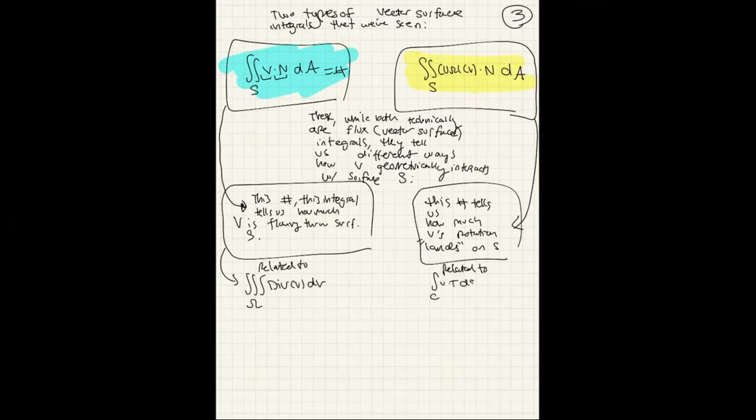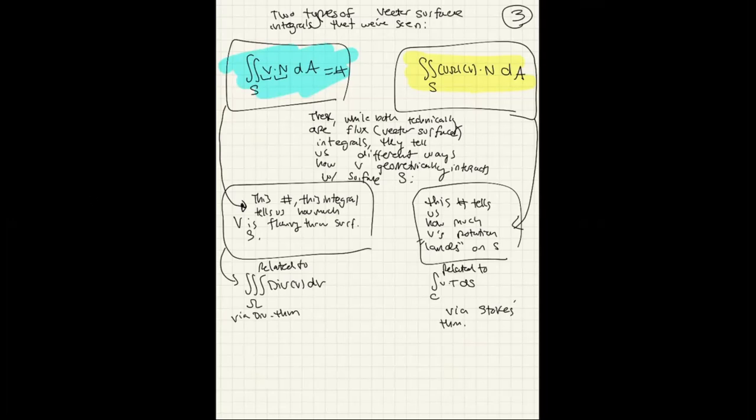So this is via divergence theorem, and this is via Stokes theorem. You can see the left-hand column is quite different than the right-hand column in terms of how you're really intuitively understanding these pieces.